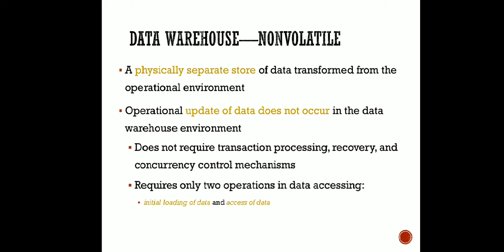Since my data warehouse is not the operational database, whatever updation occurs in the operational database is not going to occur in the data warehouse environment as well. It requires two operations in data accessing, that is initial loading of data and access of data. Okay, so these two operations are possible. Initially the data will be loaded and the access of data should be there, right?